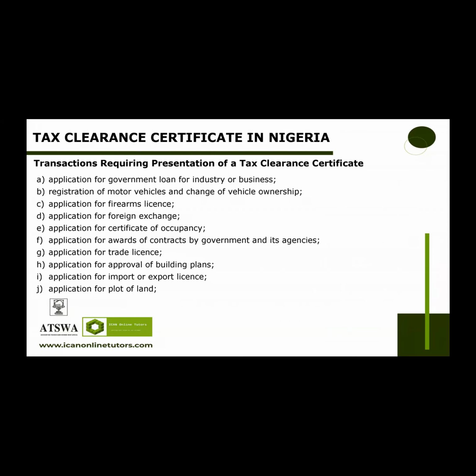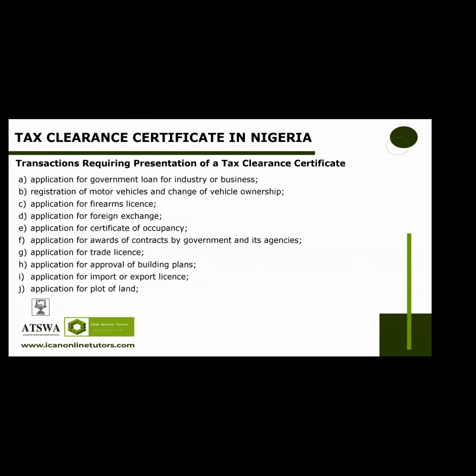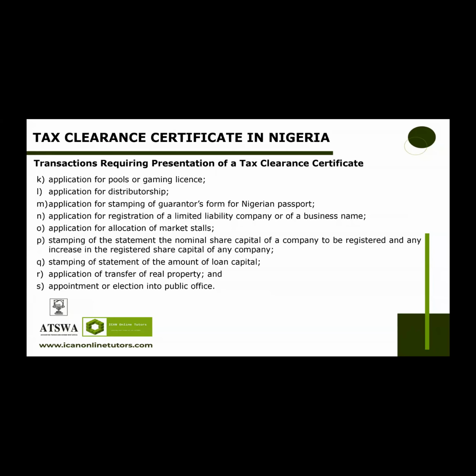application for import or export license, application for plot of land, application for pools or gaming license, application for distributorship, application for stamping of guarantors form for Nigerian passports, application for registration of a limited liability company or a business name, application for allocation of market stores, stamping of the statement of the nominal share capital of a company to be registered, and any increase in the registered share capital of any company, stamping of statements of the amount of loan capital, application for transfer of real property, and appointment or election into public office.